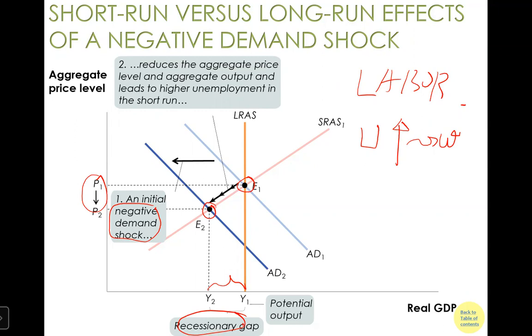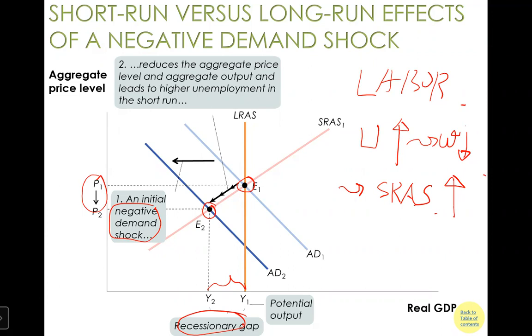Okay, so that means the wage will decline, right? So if wage declines, what does this mean for short run aggregate supply? Wage declines, cheaper to hire, more profitable for business. Aggregate supply is going to increase, right?